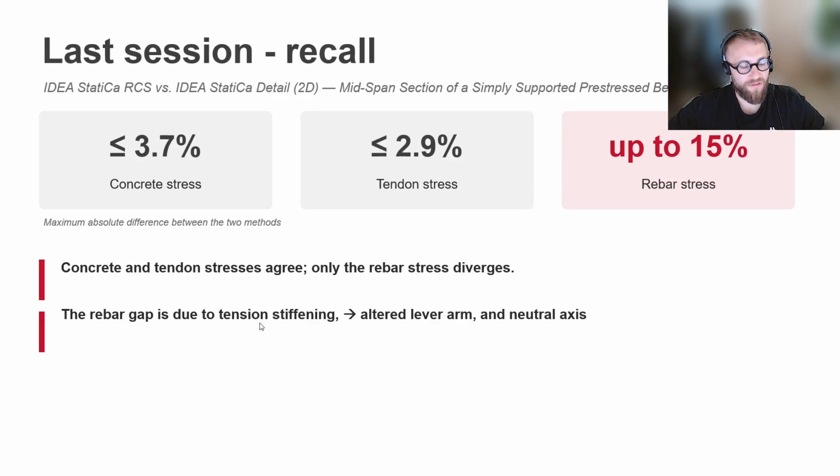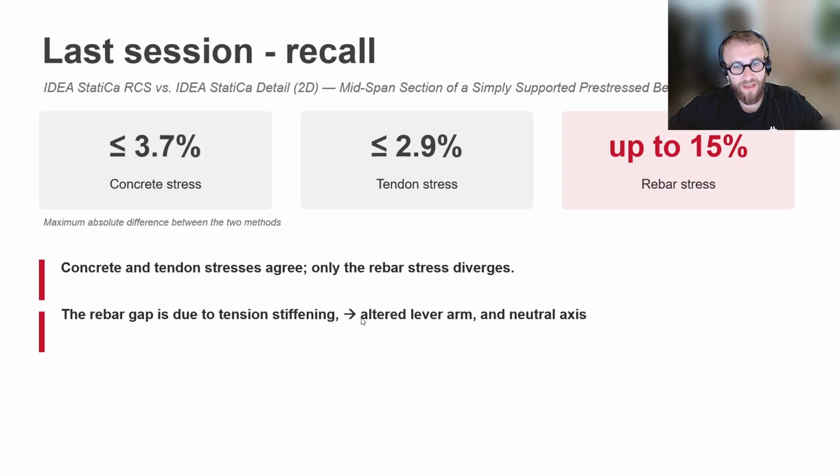The tension stiffening in the ultimate limit state is basically neglected, and because in StatiCa Detail 2D we consider this tension stiffening, you will see a lowering of the strains, because there is a portion of the tension contribution of the concrete on the average strain.